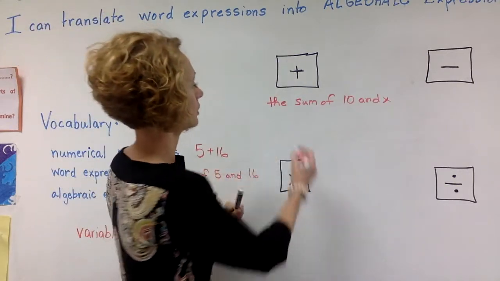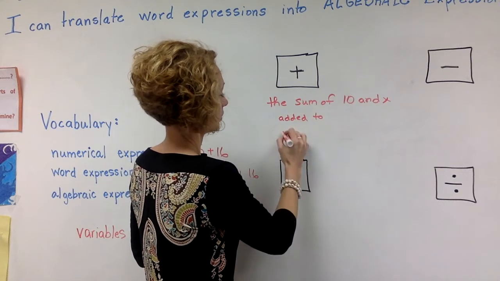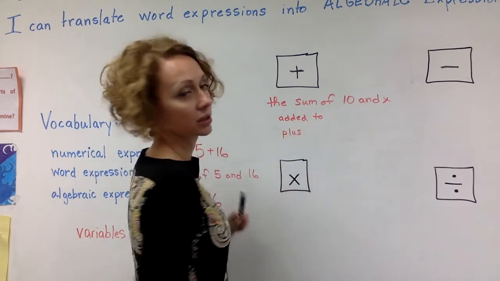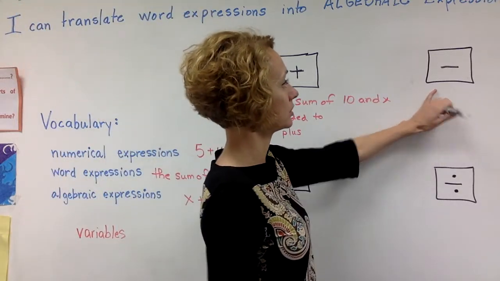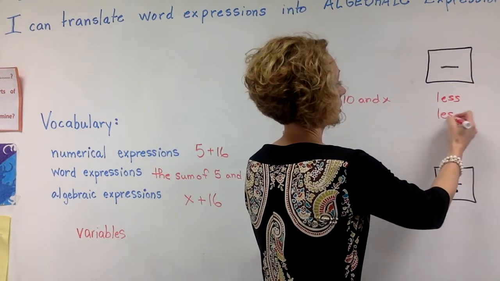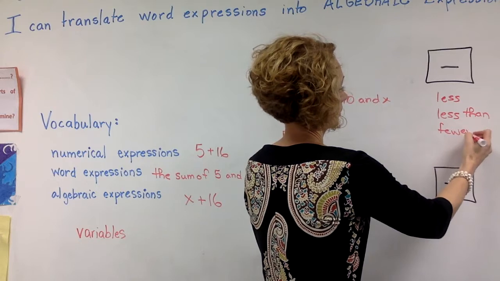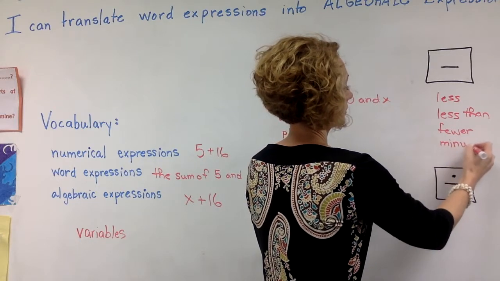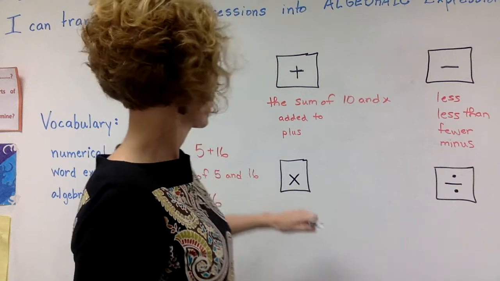Other addition words might be added to, plus, and you probably know a lot yourself. Let's deal with subtraction. Words that go along with subtraction might be less or less than, fewer, minus, subtracted from, okay?